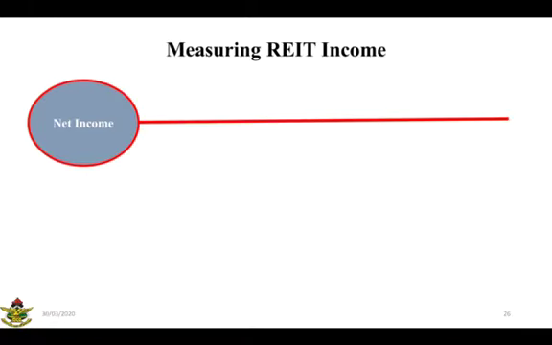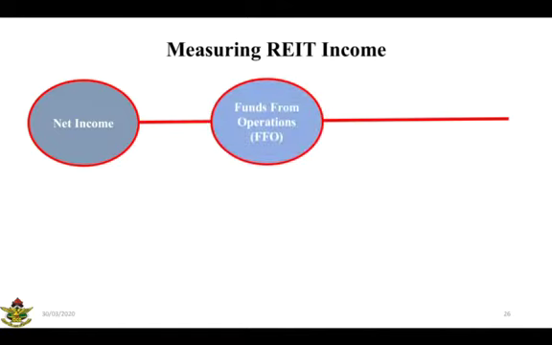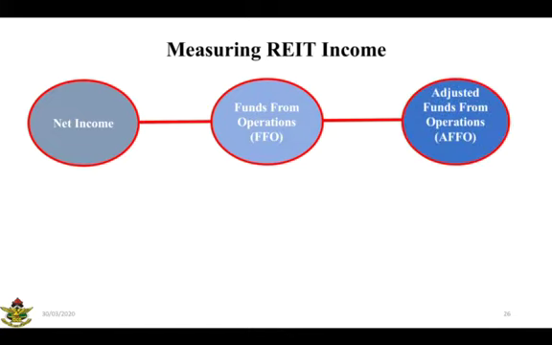The use of the net income based on the generally accepted accounting principles, or GAAP. 2. The use of the funds from operations. And 3. The use of the adjusted funds from operations. Now let's look at the details of each of these ways of measuring REIT income. Let's start with net income.